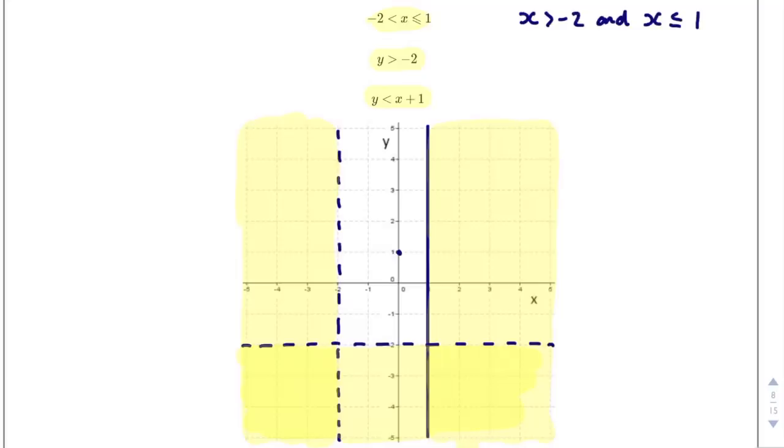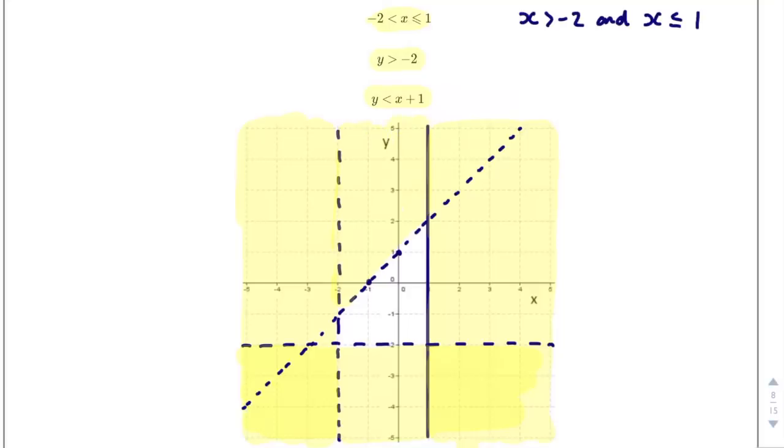So the line is also going to intersect the x-axis at minus 1. So you should get a straight line. And remember, this line is also going to be dotted because it's not a strict inequality. So you've got to be a little bit careful here. So it should look something like that. And then we want all the y values that are less than x plus 1. So we want to shade away from this region up here.